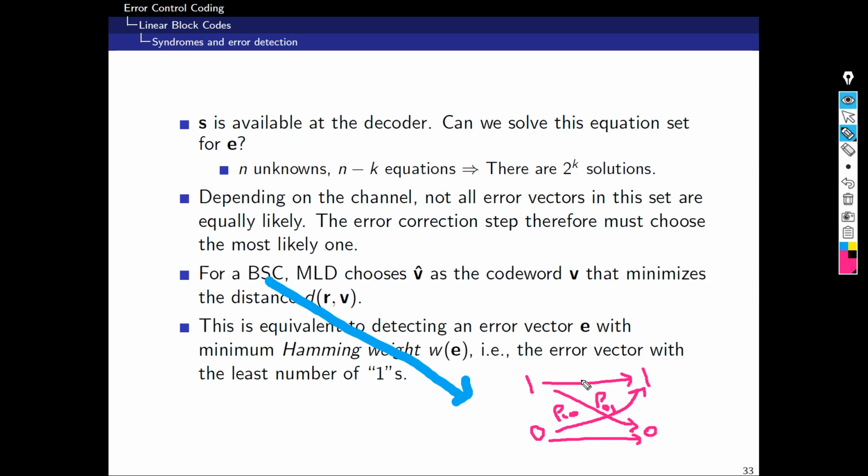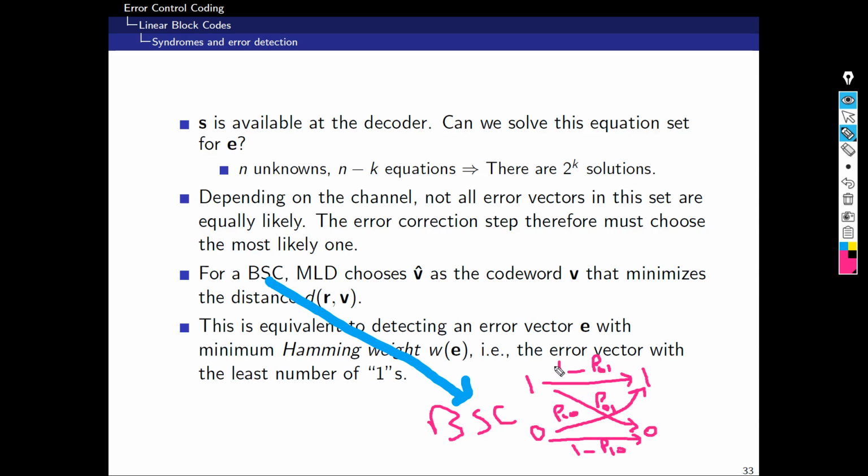So now, what's the probability of receiving your bit successfully? It's 1 minus B01. And the probability of receiving the 0 successfully is 1 minus B10. This type of channel, we call it binary symmetric channel.